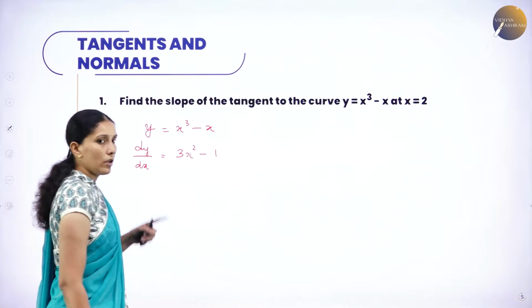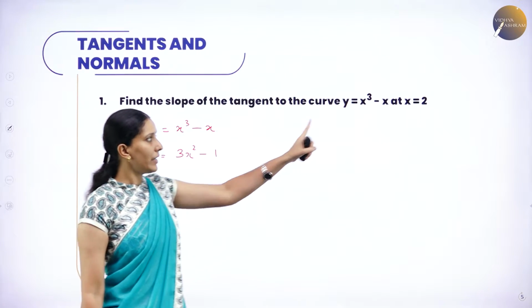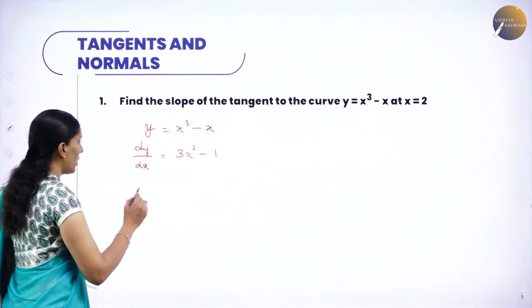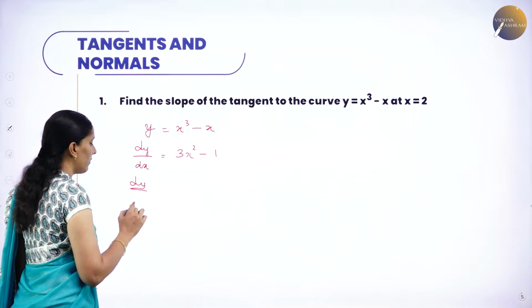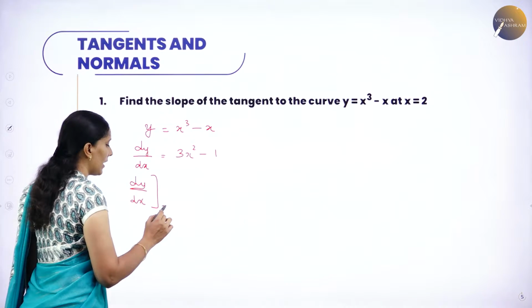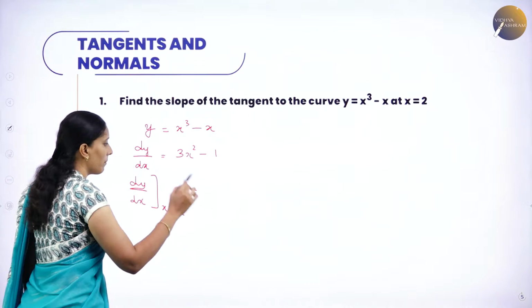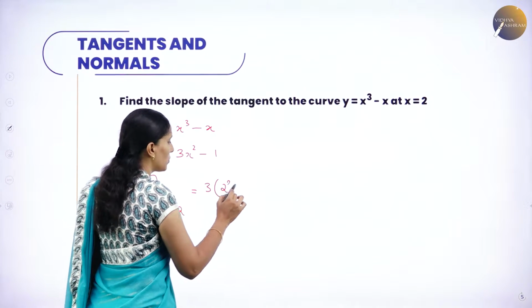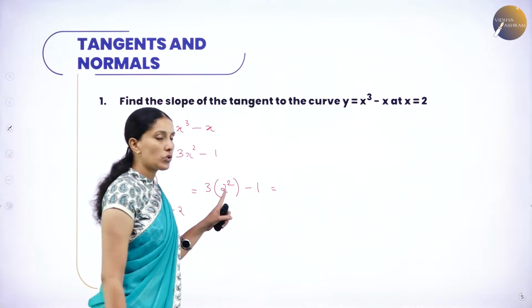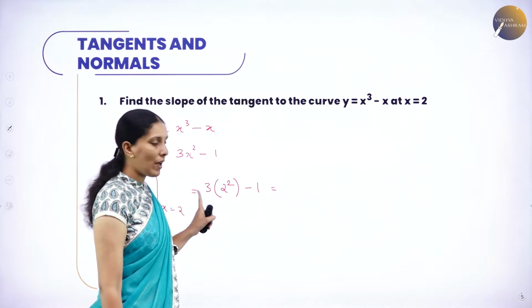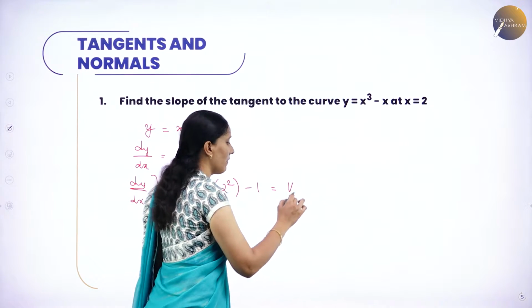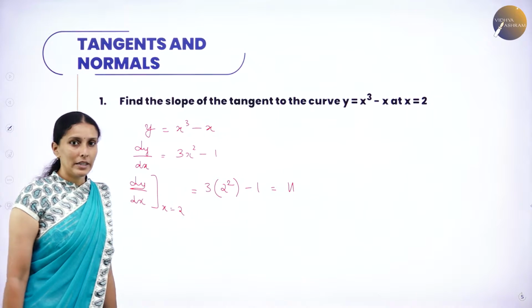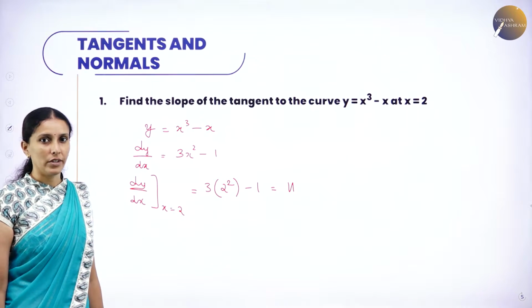Now we need dy by dx at x is equal to 2, which is 3 into 2 square minus 1. 2 square is 4, 4 threes are 12, 12 minus 1 is 11. So 11 is the slope of the tangent.